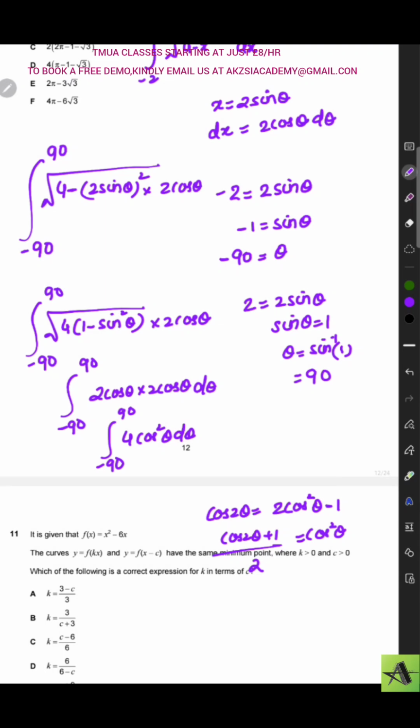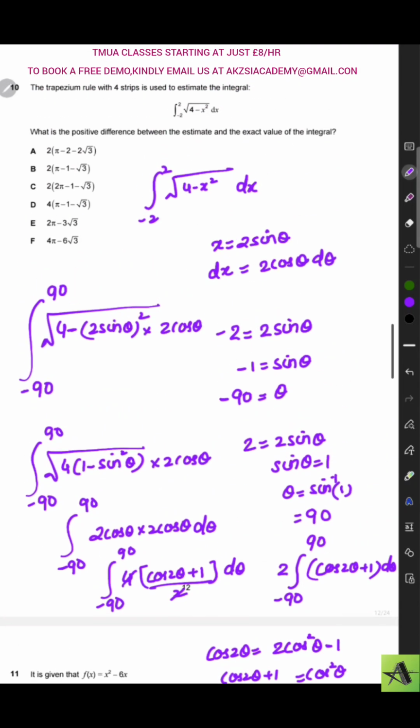So I can replace cos squared theta with cos 2 theta plus 1 over 2 d theta. Cancel it out. Remaining is 2 times the integration from negative 90 to positive 90 of cos 2 theta plus 1 d theta.